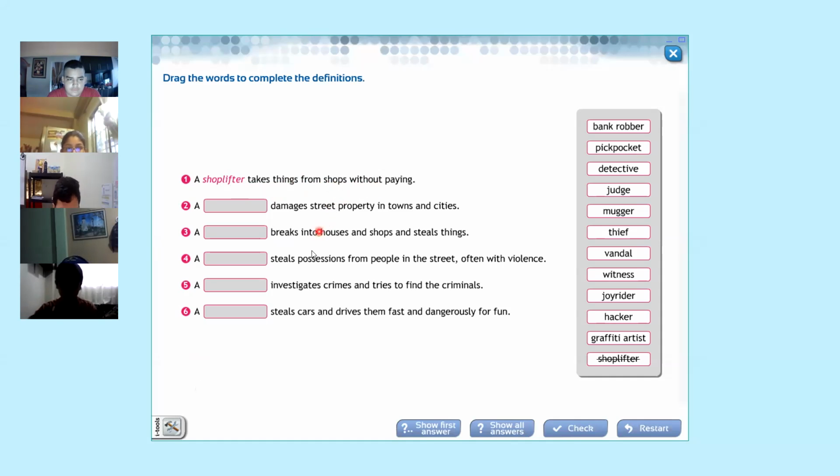Number two. The main street property in towns and cities. Okay, which of these words do you consider is the correct one? Murder. Are you sure? Damages, destroy.